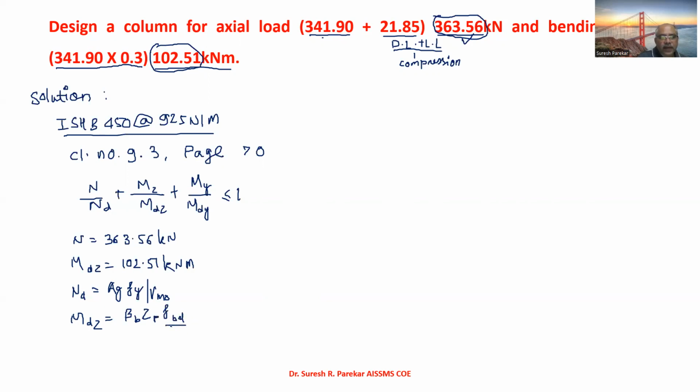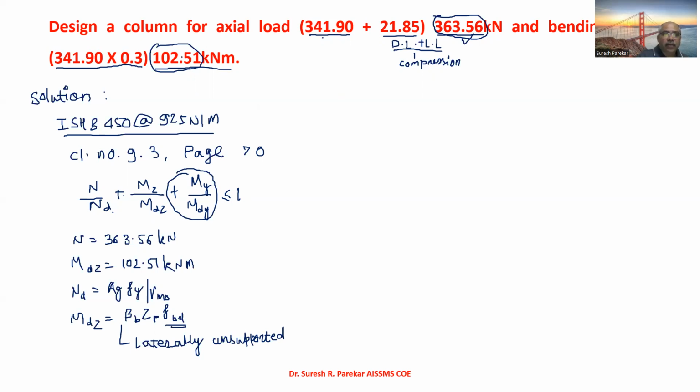And we know Fbd, we have already seen how to calculate it, because we are going to consider the beam as laterally unsupported. And as we have uniaxial bending, this term will not be there. So we have only N by Nd plus Mz by Mdz less than or equal to 1.